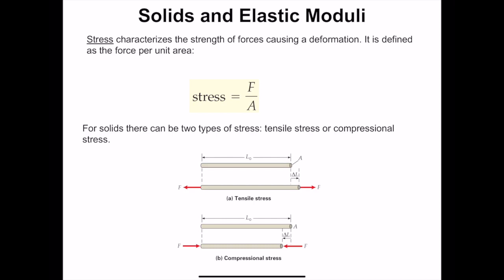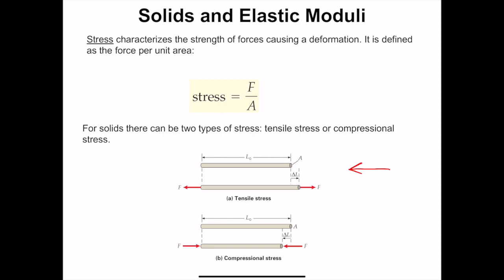And let's say that you are applying forces in opposite directions. So we are looking at this figure here. This kind of stress, where the forces are acting in opposite directions, is called tensile stress because you're causing tension. You're trying to stretch the object.